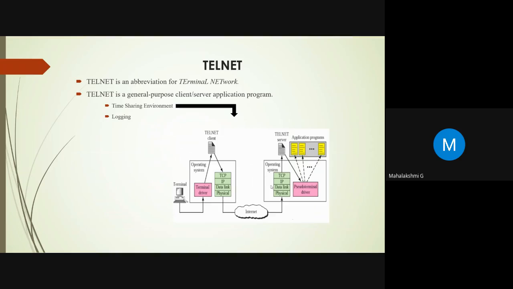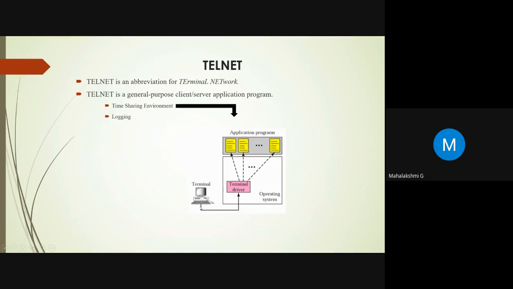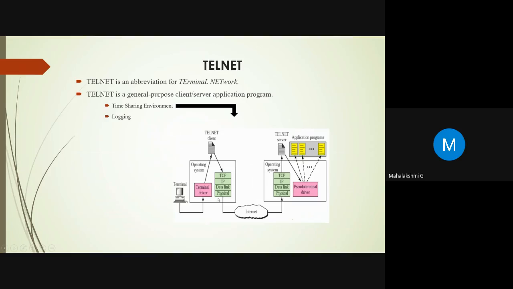Here again, the user sends the keystroke to the terminal driver. As in the previous case, the keystroke is sent to the terminal driver, which then sends it to the operating system.